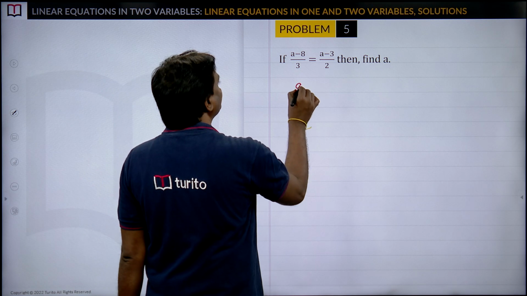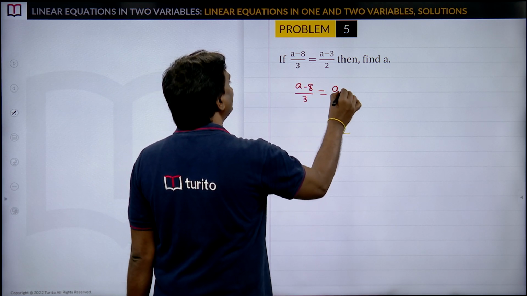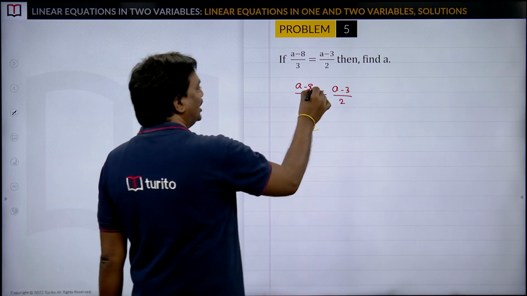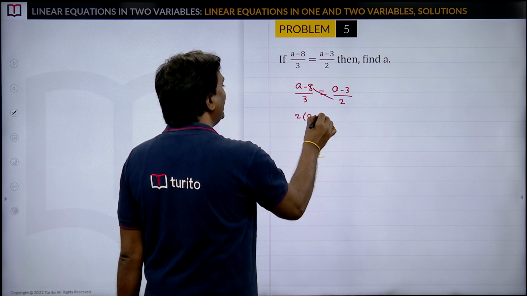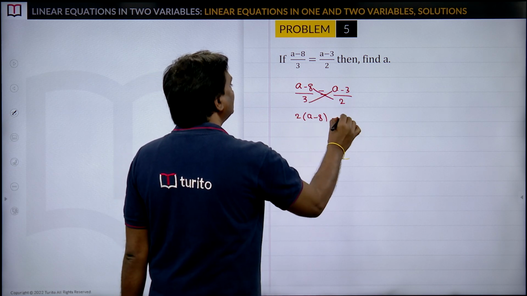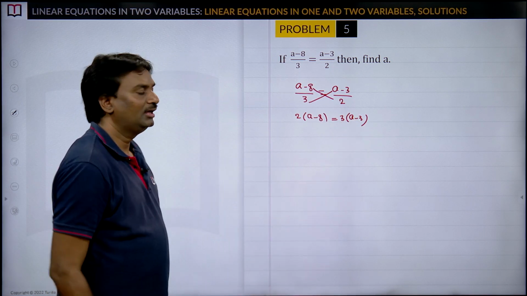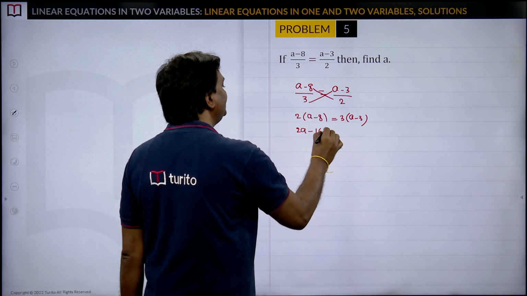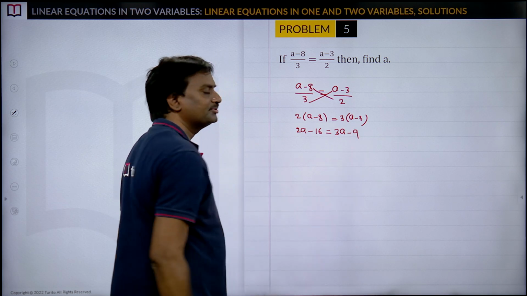Here we have a minus 8 by 3 equal to a minus 3 by 2. By cross multiplying, 2 into a minus 8 equal to 3 into a minus 3. From this, 2 into a, 2a, minus 2 eights are 16, equal to 3 into a, 3a, minus 9.